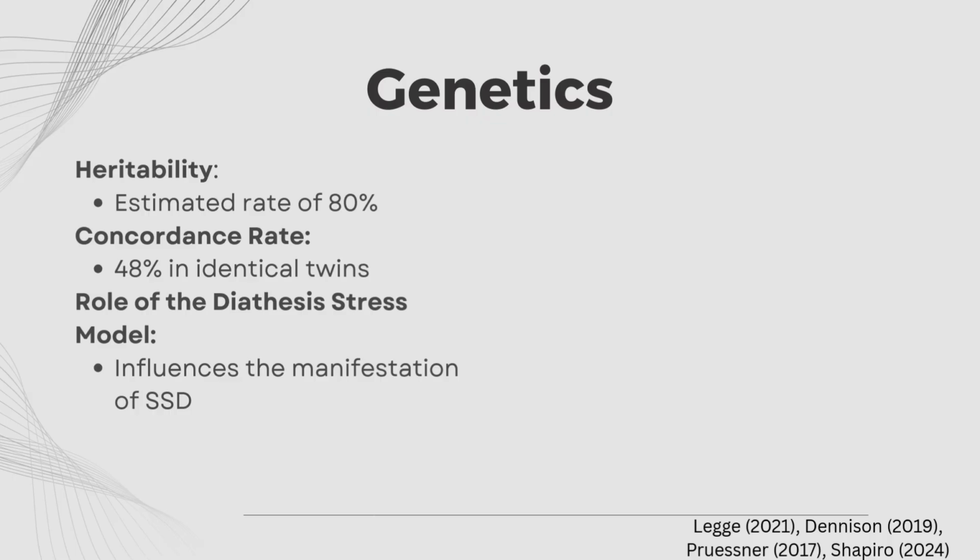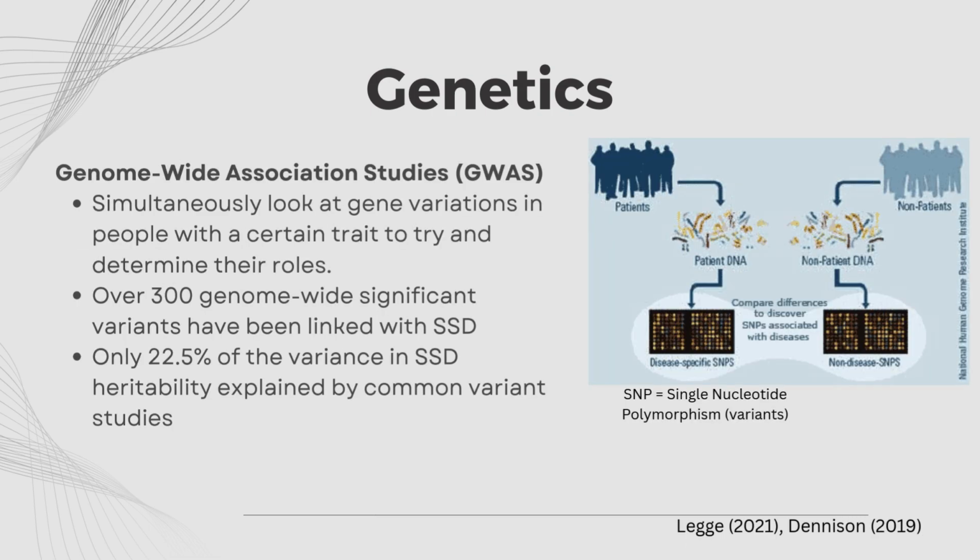They work together to influence the manifestation. So things like drug use, trauma, or stress can work in tandem with your genes to manifest schizophrenia.